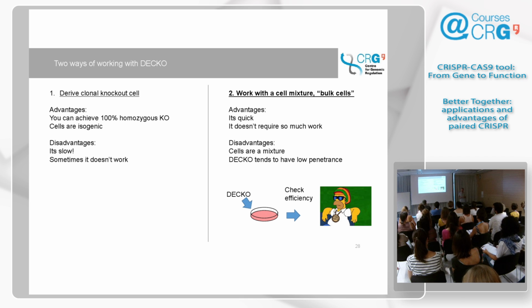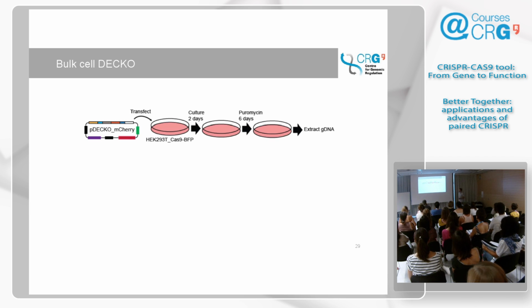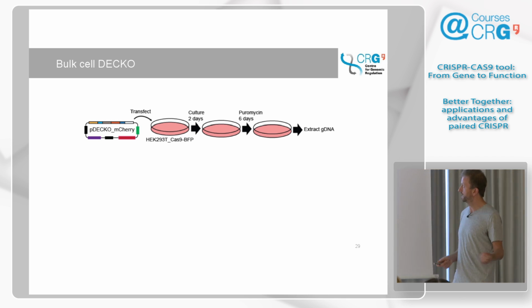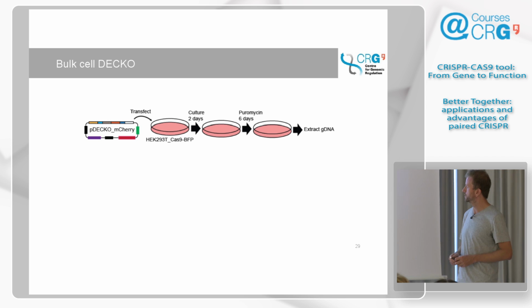Now I'll talk a bit about some experiments with mixed populations of cells, which is the more practical way for many experiments. In this paradigm, which we call the bulk cell mixture approach, we simply transfect our construct into cell lines. I should say that these cells we work with are stably expressing Cas9. They all uniformly express high levels of Cas9, and it's only the guide RNAs which we're introducing.